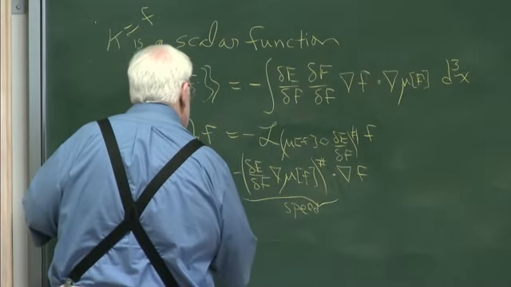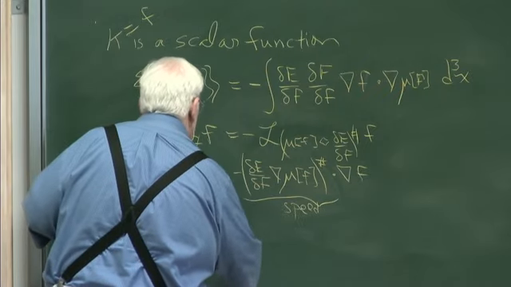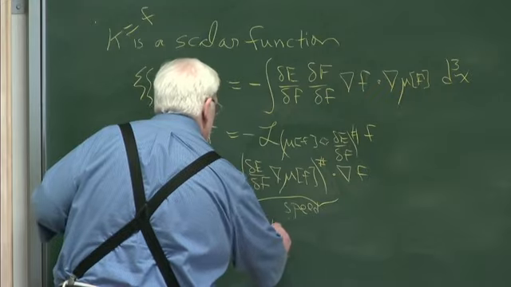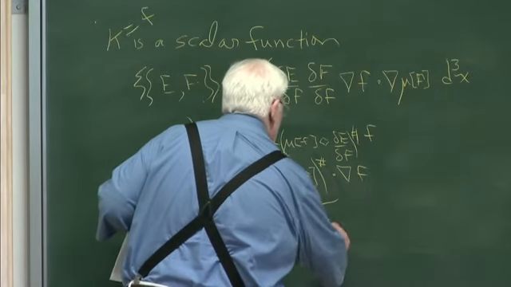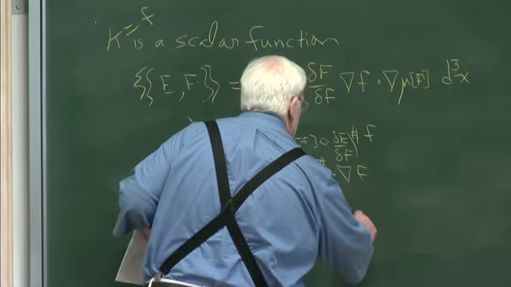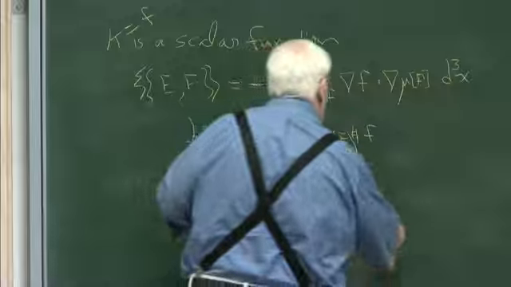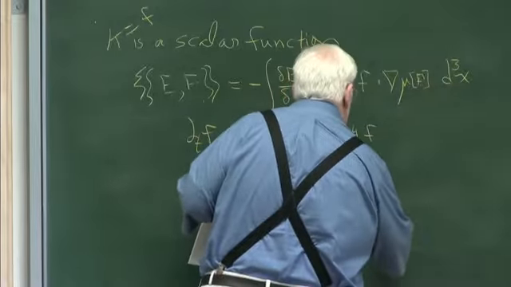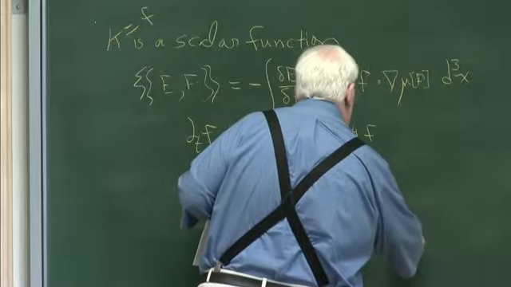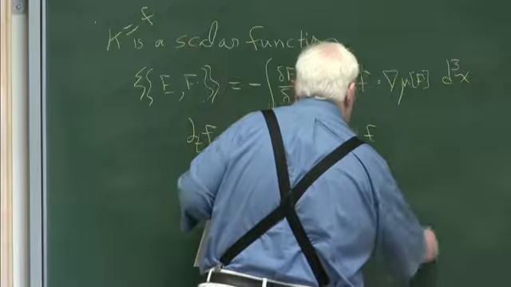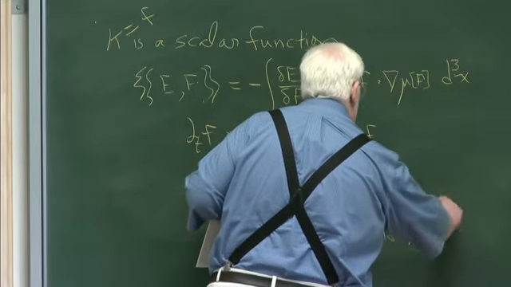So it says that F is a constant along dx dt equals this velocity, dE dF grad mu of F sharp.